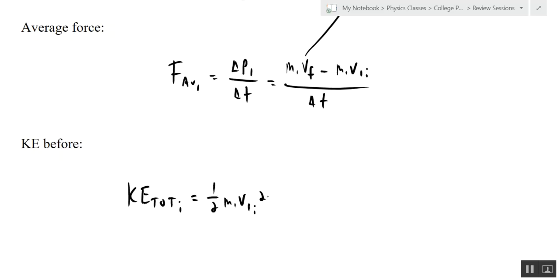How much kinetic energy does mass 2 have? You figure out how much kinetic energy mass 1 has, figure out how much kinetic energy mass 2 has, and just add those together.